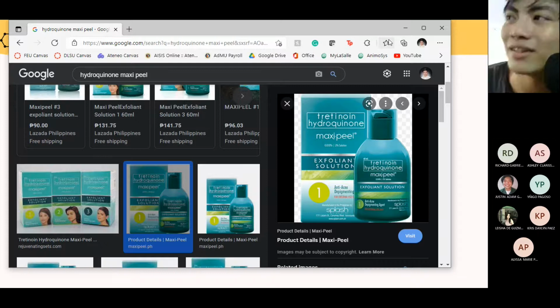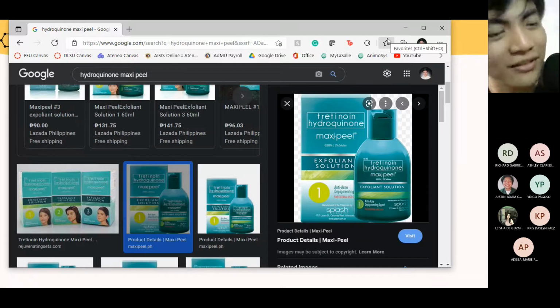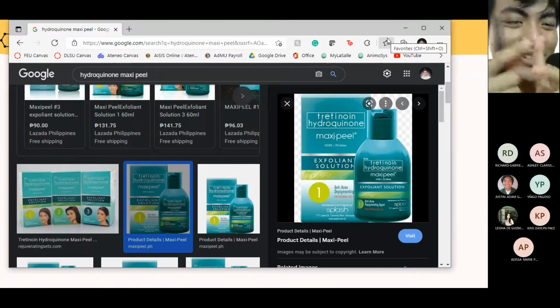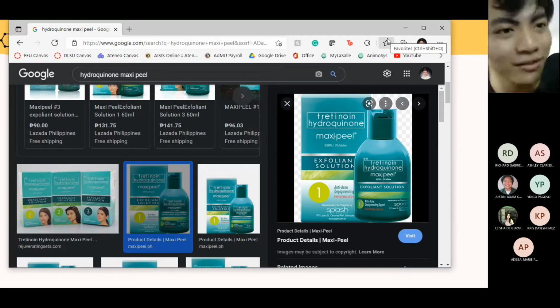Ayan. So, yung mga hydroquinone pala, sila ay galing sa phenol. No? Natalsikan din ako ng phenol nung college. Pero sa daliri lang naman. So, nung tumalsik yung phenol, namuti talaga yung part na natalsikan sa akin. Tapos, later on, na-realize ko na yung reason pala bakit medyo pumuputi din yung skin after mag-Maxipil is that yung phenol, basically, kinonvert lang siya into hydroquinone.